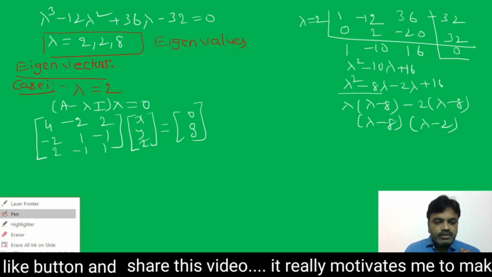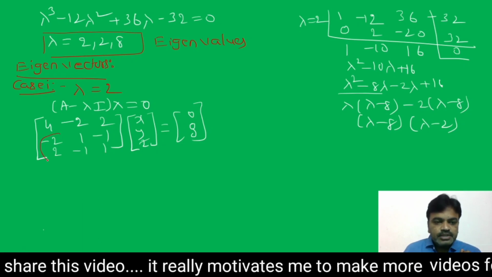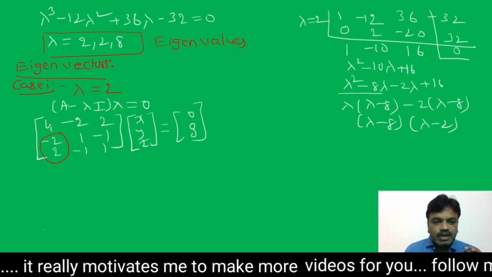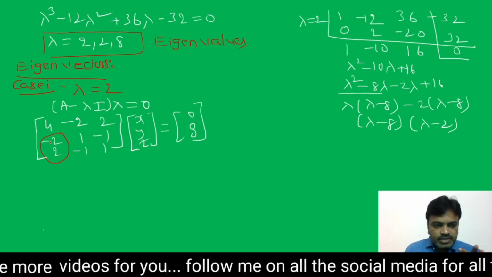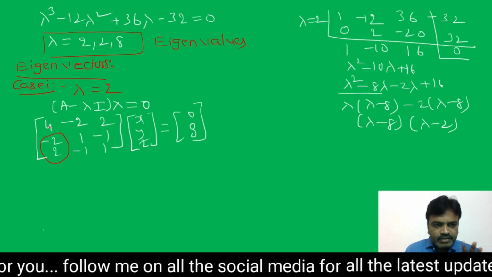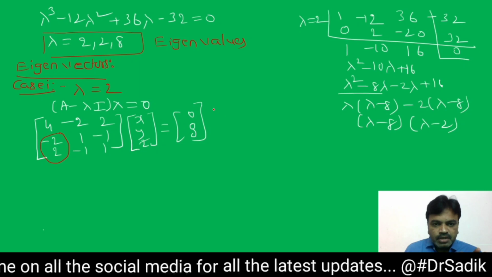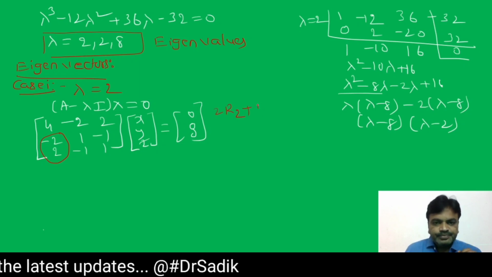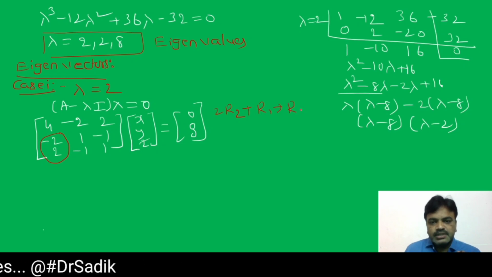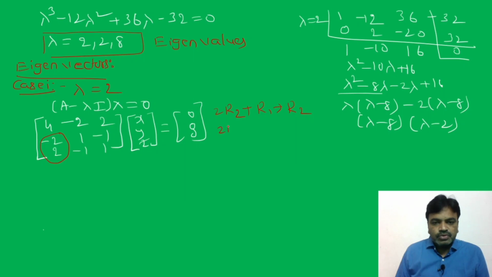So first I make these two elements 0, friends, by using R1. Here I want to make this element 0. We have minus 2 here, and 4 here. So 2 R2, plus R1, that implies R2. Now here 2 2's are 4, so 2 R3, both signs are positive, so write R3 minus R1 in place of R3.